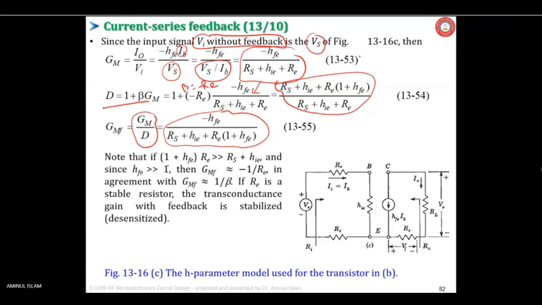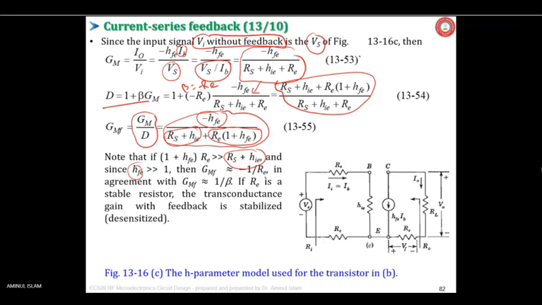Note that if 1 plus HFE into RE, this term, is much greater than RS plus HIE, this term, and hence HFE is much greater than 1, then GMF is almost equal to minus 1 by RE.